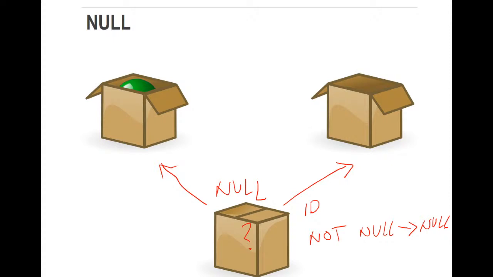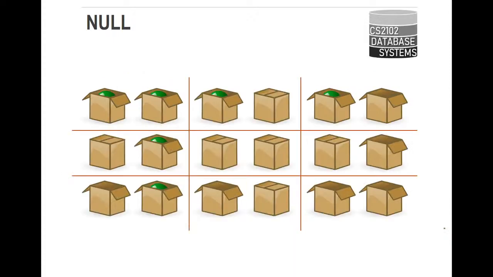There are other operations, which are the binary operations, you know, AND and OR. The kind of question that I can ask with an AND is, do both boxes contain a green ball? Well, it's definitely true over here. I'm not sure. This is definitely false. This is definitely false.